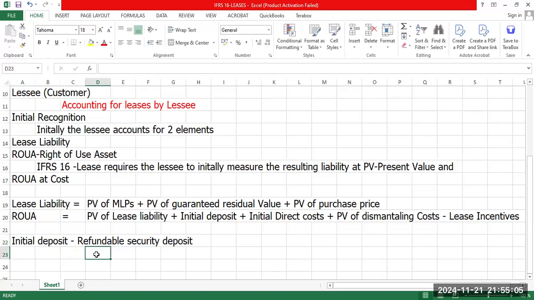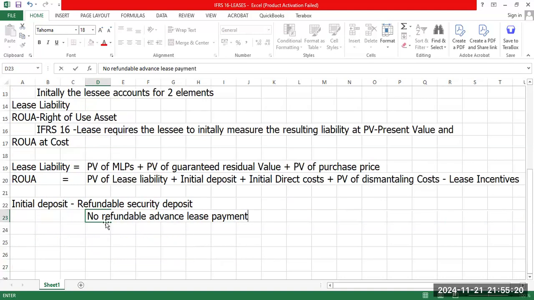Then you may also have a non-refundable advance lease payment. This non-refundable advance lease payment is like when you meet a question saying there is payment in advance. You are paying part of your minimum lease payment in advance.